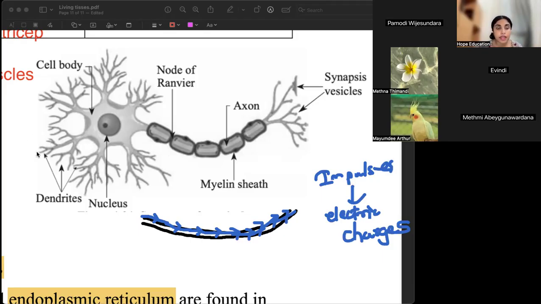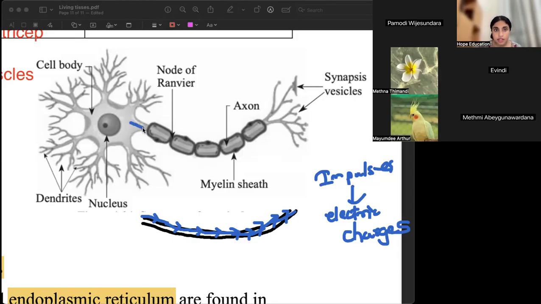Usually that is what happens. But now there is a myelin sheath here. Myelin sheath is like styrofoam. You know, wires conduct electricity, water conducts electricity. But you also know that styrofoam or plastics or polythene do not conduct electricity. The myelin sheath is something like that, that doesn't conduct electricity. So an impulse is an electric charge.